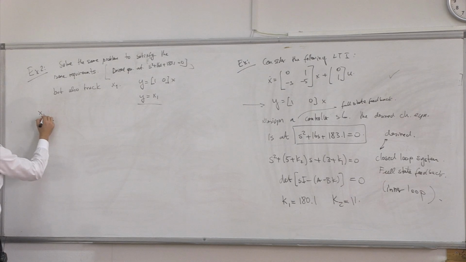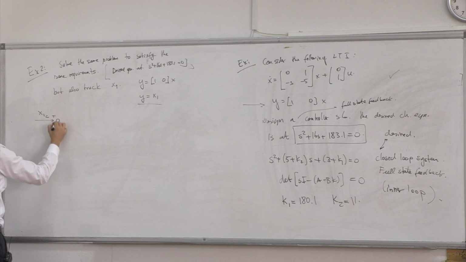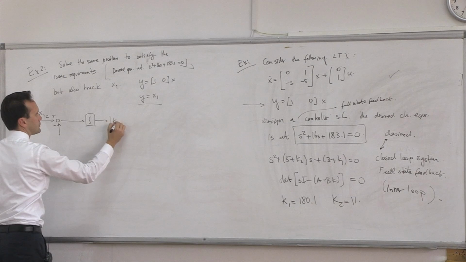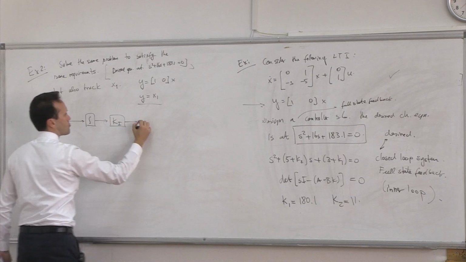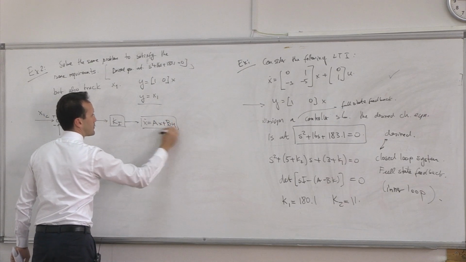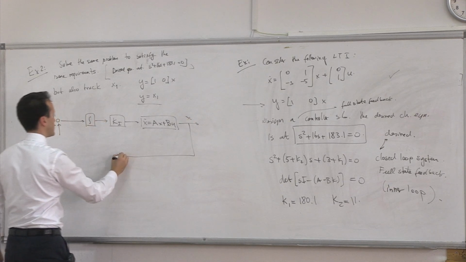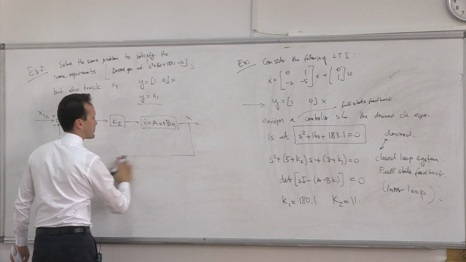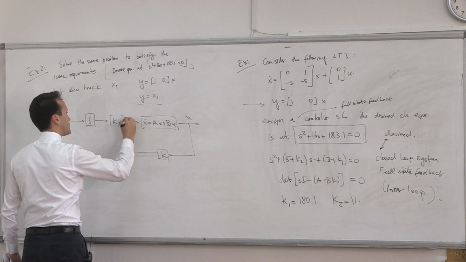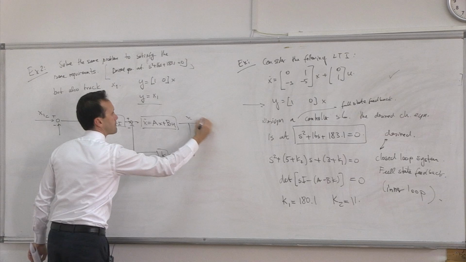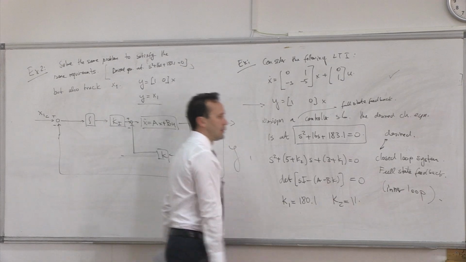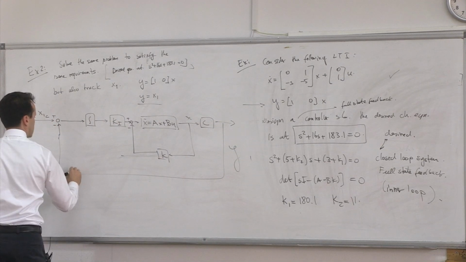The command is x1, plus minus the integral of ki, minus k, and that is your y, and y is equal to x1.